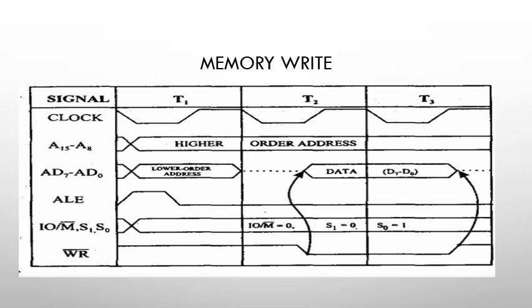Next, memory write. For the memory write operation, again it is a memory-related operation. It has to read the address first. In order to read the lower order address, the ALE signal goes high for the first half of the first clock cycle. As soon as the ALE signal goes high, the lower order address will come through the lower order address bus.